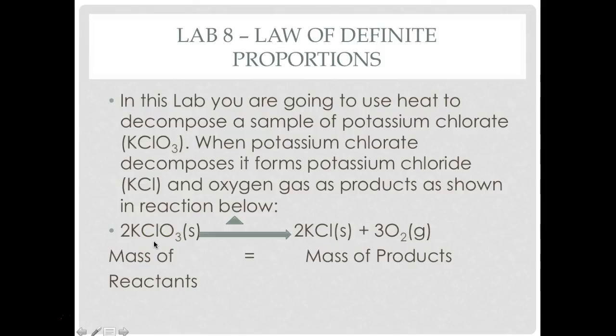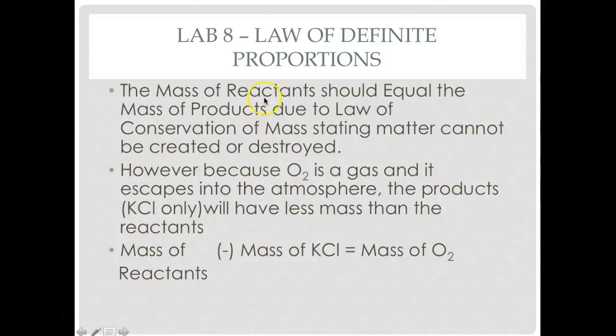That's because mass or matter cannot be created or destroyed, which also relates to the fact that atoms cannot be created or destroyed. In a reaction, they're just getting rearranged. So the mass of the reactants should equal the mass of the products, due to the law of conservation of mass.